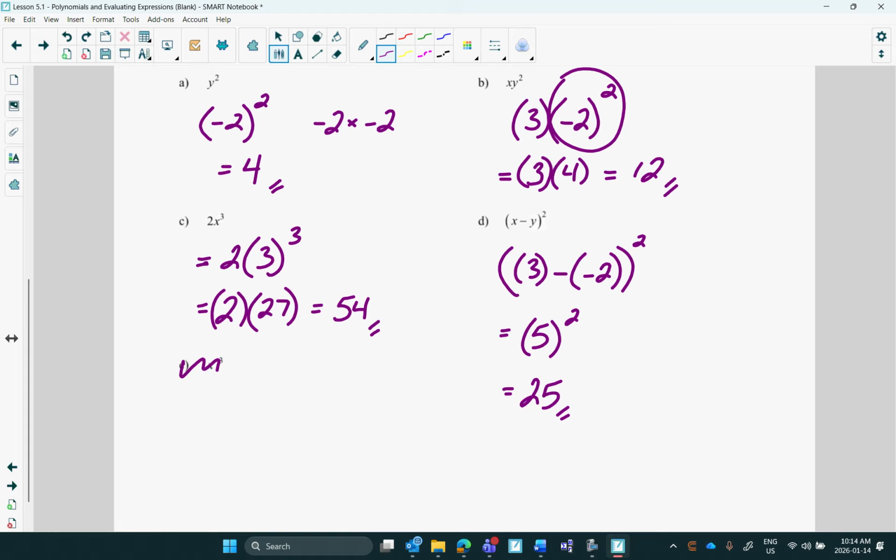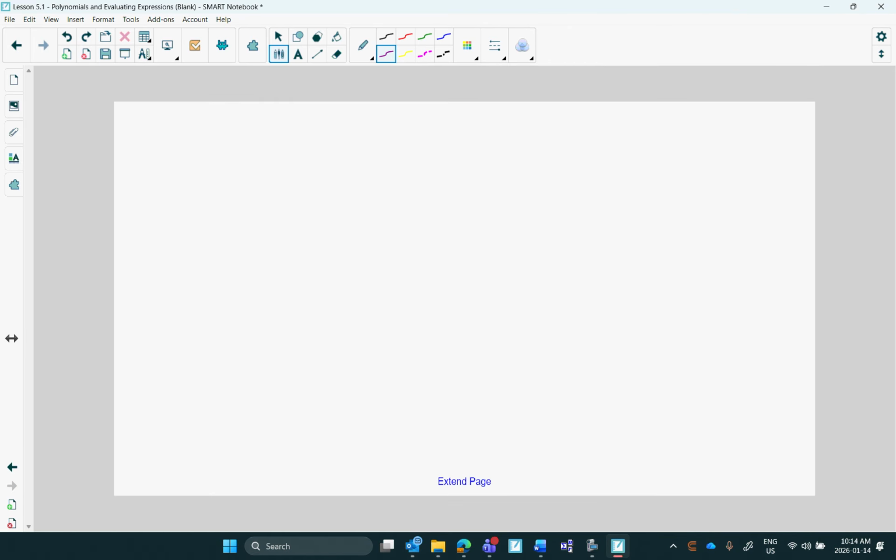What we're basically going to spend the rest of the unit on is, what if I gave you this? Don't write this down. I told you, okay, x is -7 and y is 2.